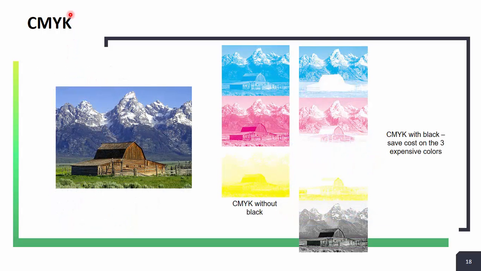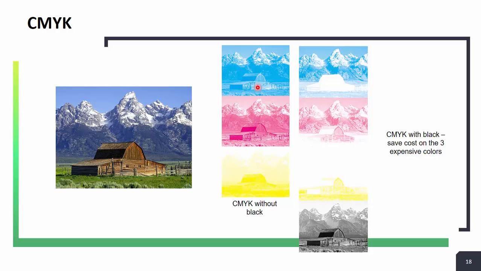In CMYK, the black component is actually optional. We can have the CMYK model without black, or we can have it with black. For example, for this picture, we can represent the picture with only cyan, magenta, and yellow like this. But you see, without black, we have to use so much color toner, which is expensive.